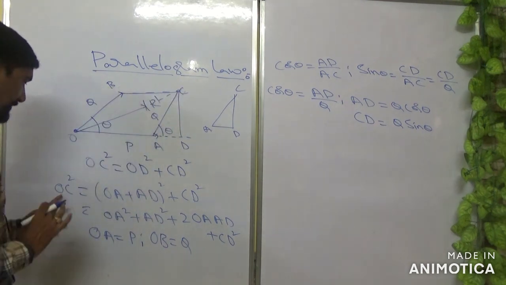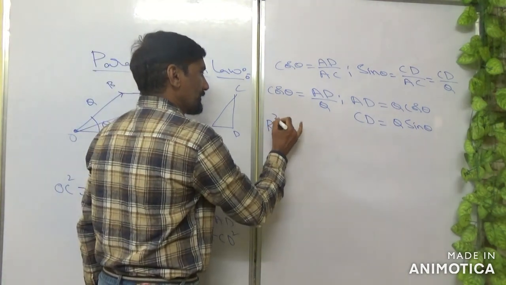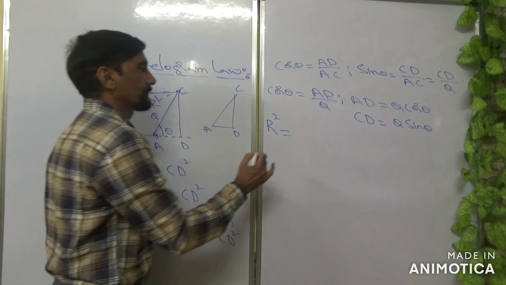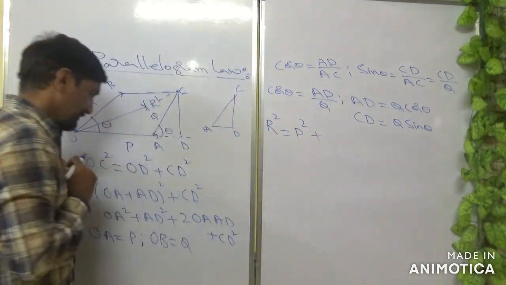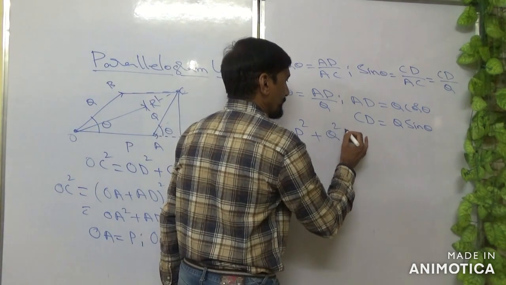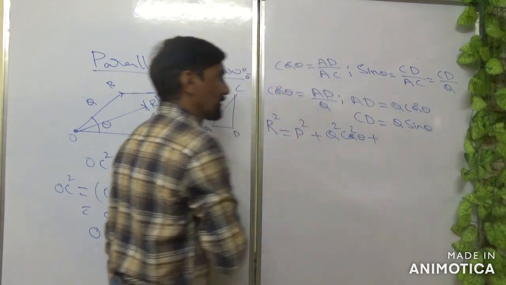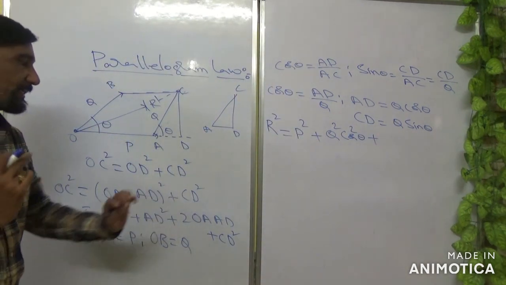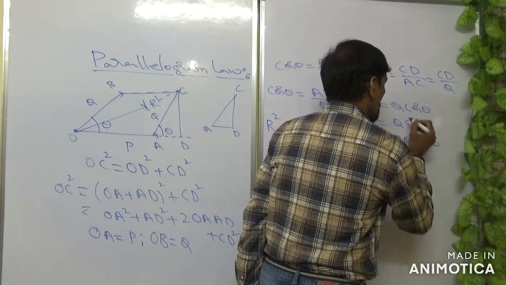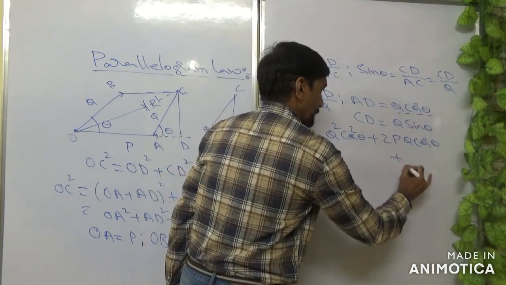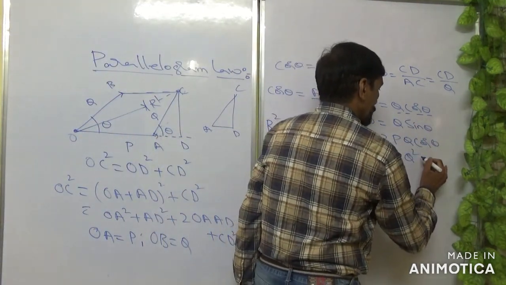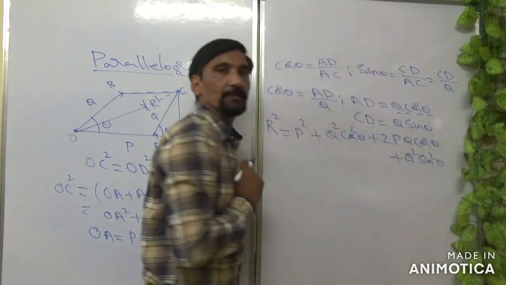Now substitute in this equation. OC taken as R, so R square is equal to OA square, nothing but P square, plus AD square, AD is Q cos theta, so Q square cos square theta, plus 2 OA AD, so 2 into P into Q cos theta, plus CD square, CD is Q sin theta, so Q square sin square theta.